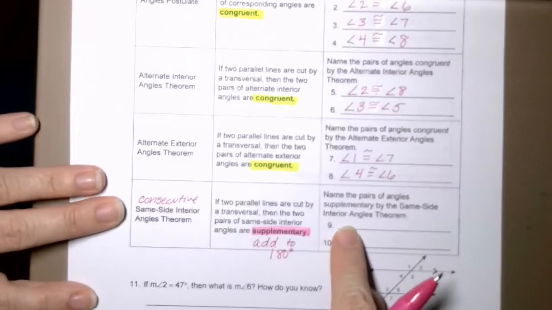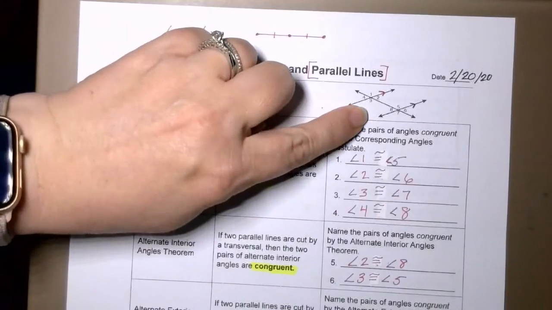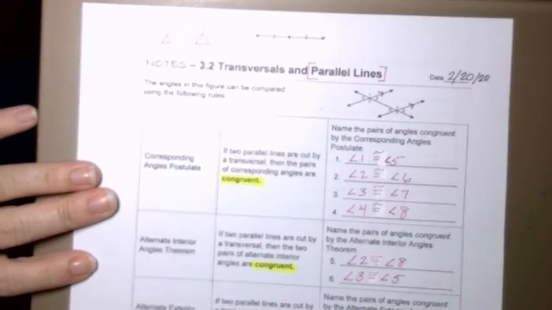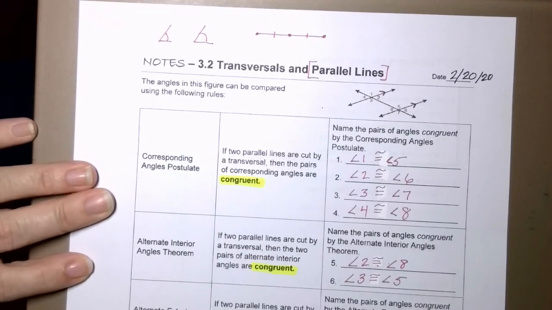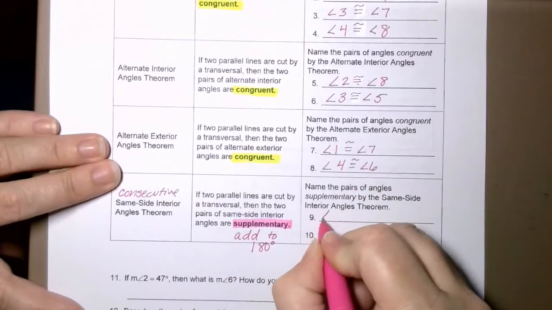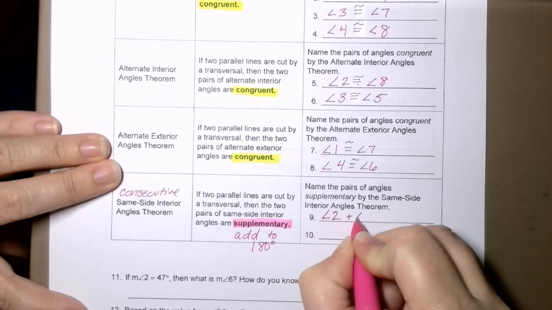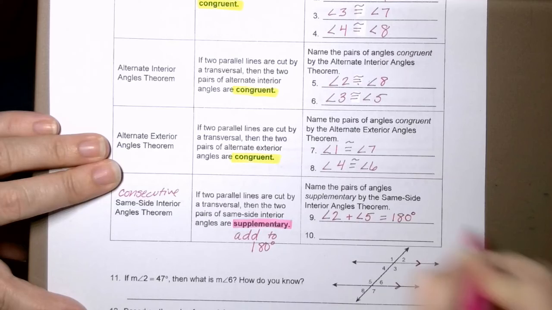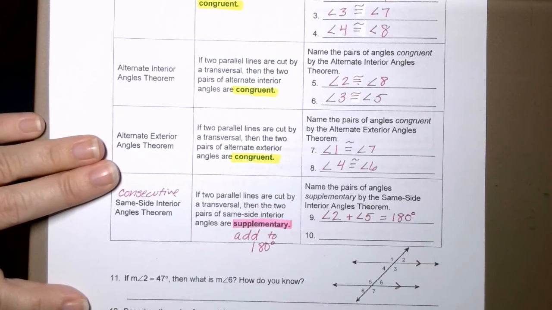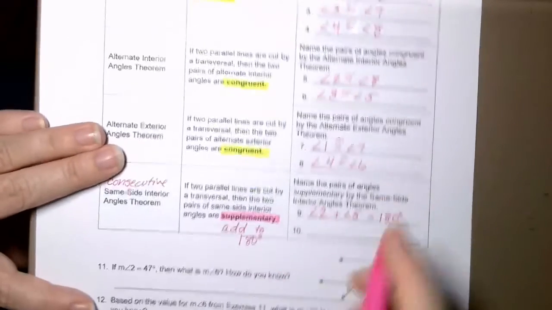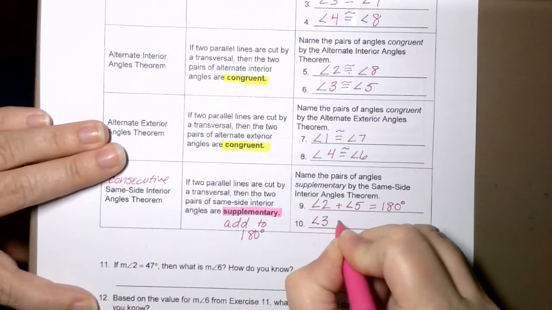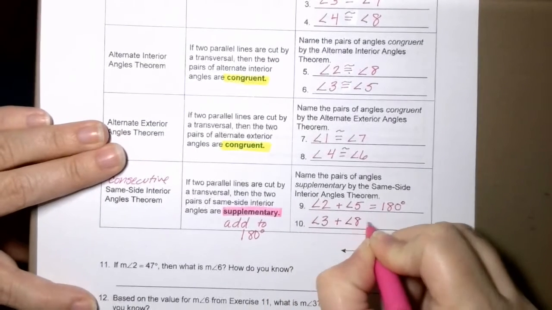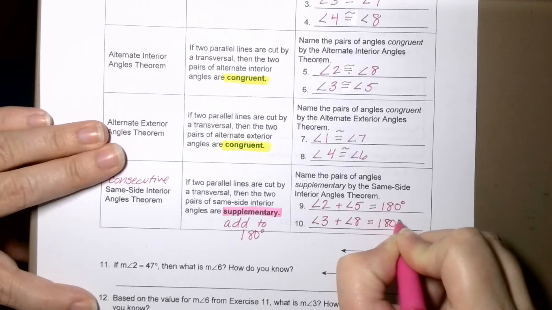So, what is a pair of consecutive interior angles here? 2 and 5. So angle 2 plus angle 5 is equal to 180 degrees. What's the other set of consecutive interior? 3 and 8. That is 8, right? Yep. So angle 3 plus angle 8 is equal to 180 degrees.